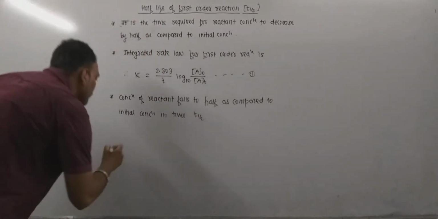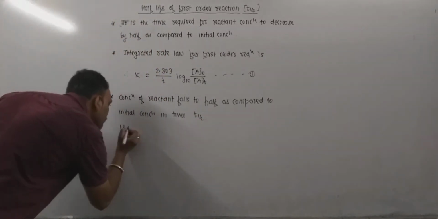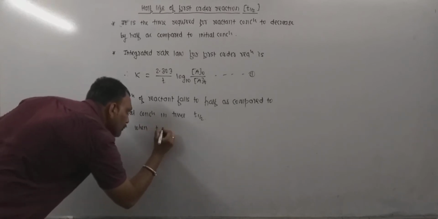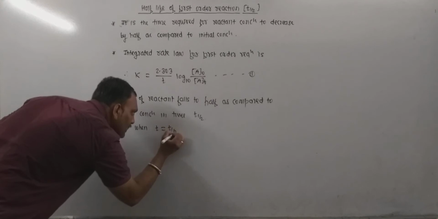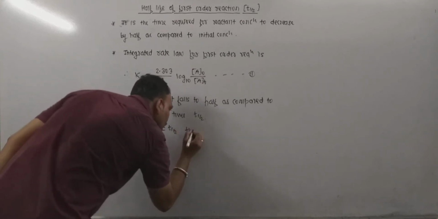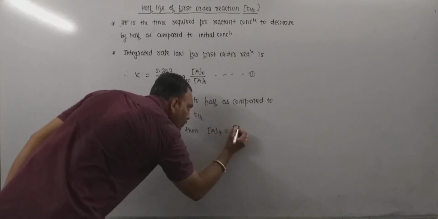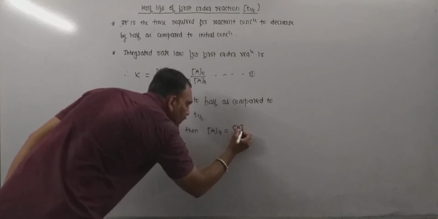What this indicates is that when time t is t half, then the concentration of A t will be half of the initial, I mean A naught by 2.